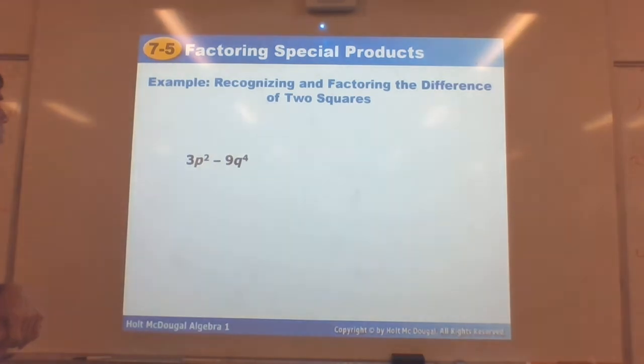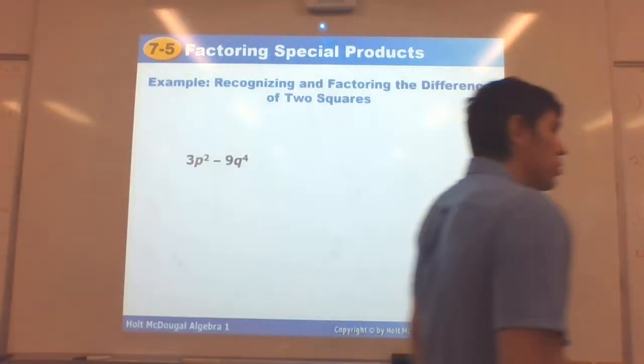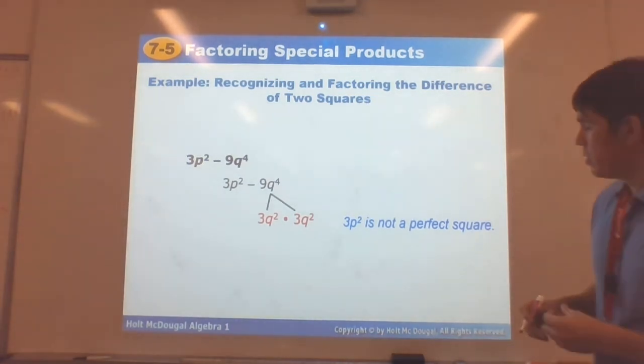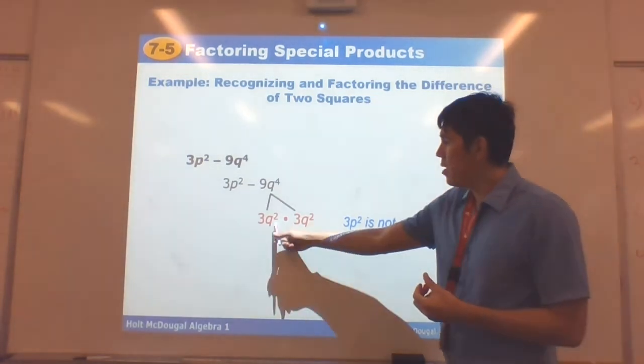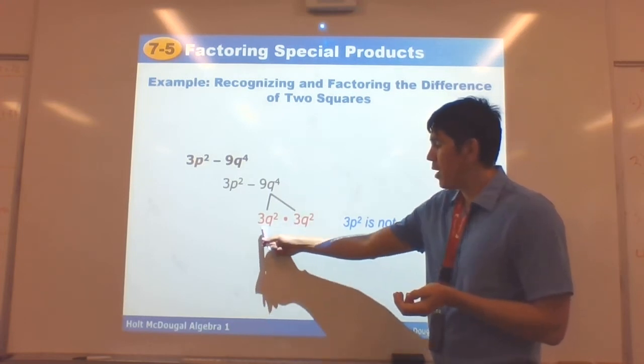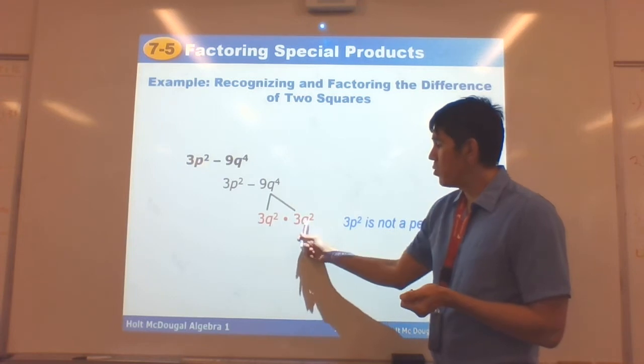So here we can say, factor out the difference of squares. Well, this would be the difference of two squares. Is 3 a perfect square? The answer is no. 9, no. This is not a perfect square because, as you can see, we can break up the 9 into individual components: 3 times 3 is 9, q squared times 2 squared is 4.